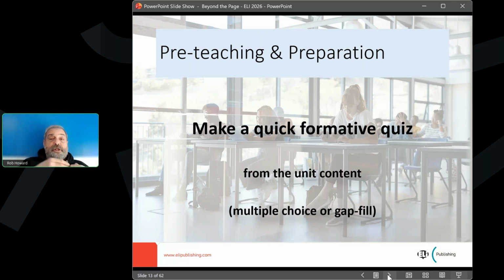Sometimes you'll find that maybe the whole class didn't understand one word. This is the way that you're going to figure this out. So not only is it a quiz to test them, it's a quiz to test your ability to make sure they understand. And I'm not a big fan of Kahoot, but Kahoot is one of these things that you can use for a quick quiz just to take a temperature.